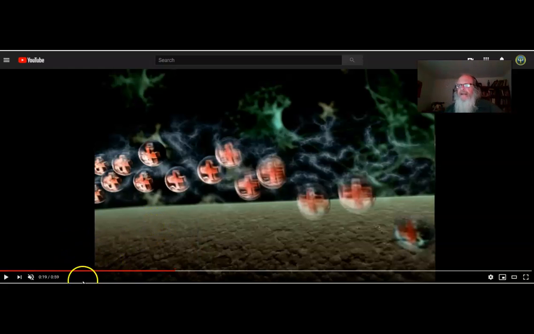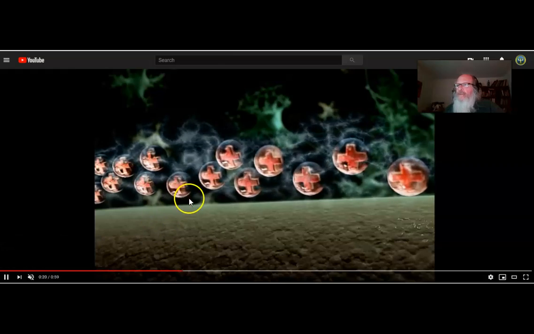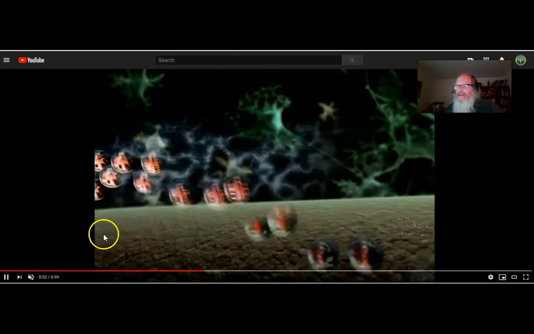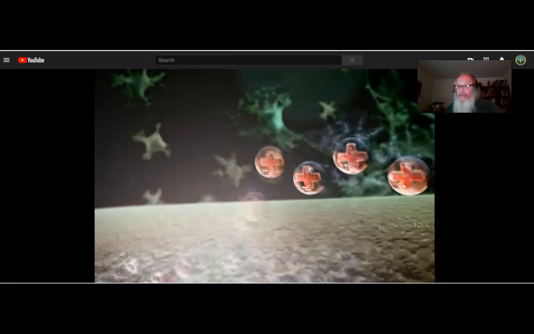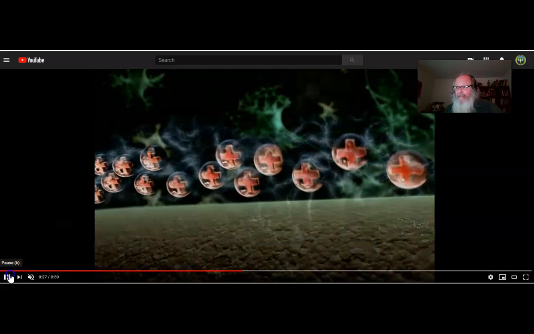The first thing is that at this point in the video, we're watching these spheres with red crosses dip down into the cell membrane and pop back out.